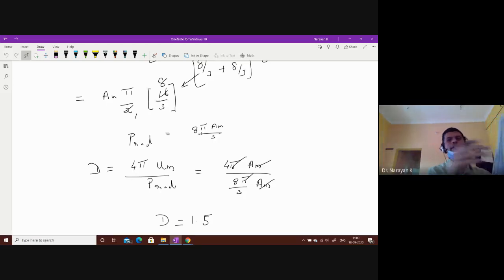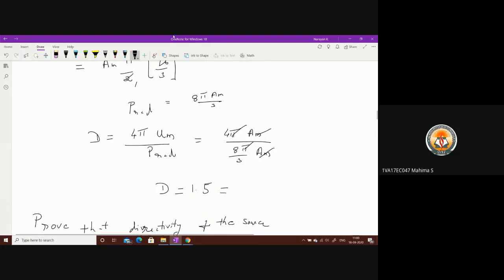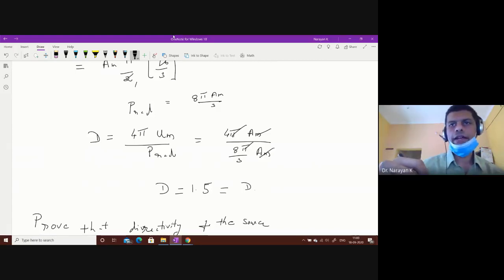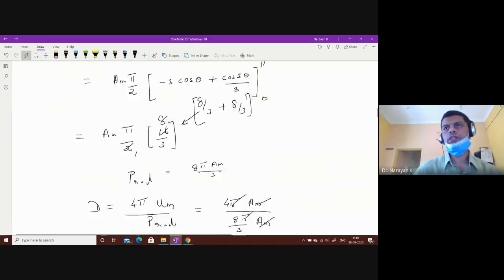So total directivity you get as 1.5. Can you convert into dB? This is what we did, sir. 1.76, sir. In dB. Very good. So directivity in dB is equal to 10 log of 1.5. So what will you end up getting? 1.76. So this much dB you are getting.